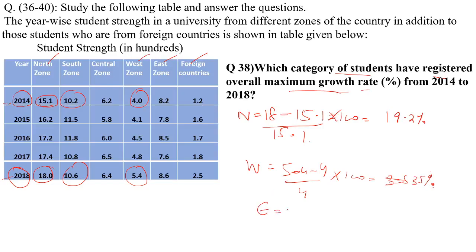Next is east. East will be 6.8 minus, just a second, east will be 8.6 minus 8.2 upon 8.2 into 100.